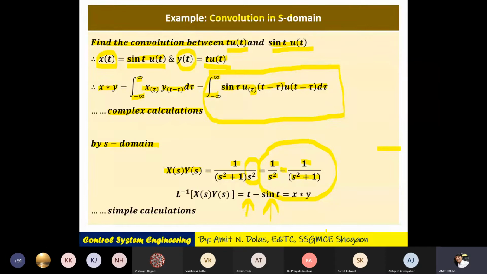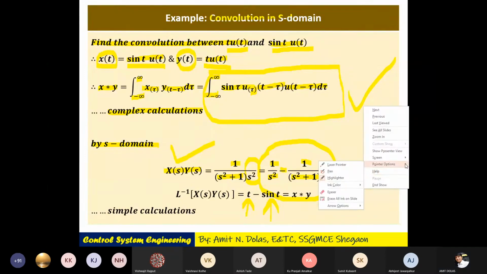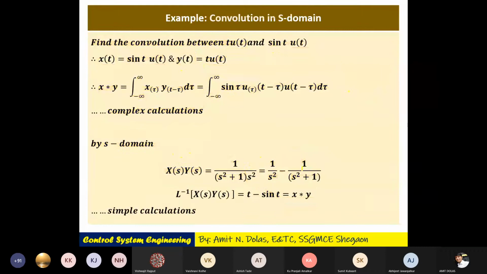So the convolution in time domain becomes very complicated by this equation. But what we did, we converted it into the S domain, then directly made the product of x of s and y of s. Then we get the answer in S domain, that is 1 by s square minus 1 by s square plus 1. And then we converted this S domain form into the time domain form by using the inverse Laplace transform.